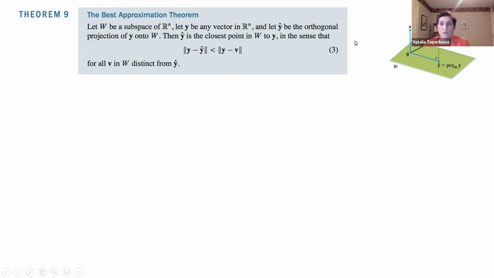We talked before about how to find this projection, but the most interesting property is that it provides us the closest point to our vector y.